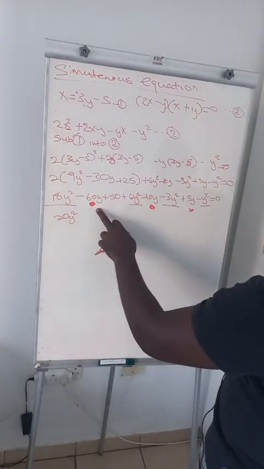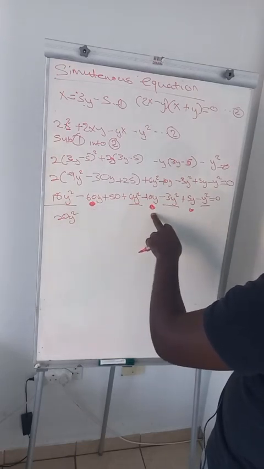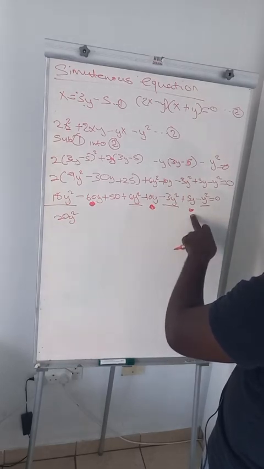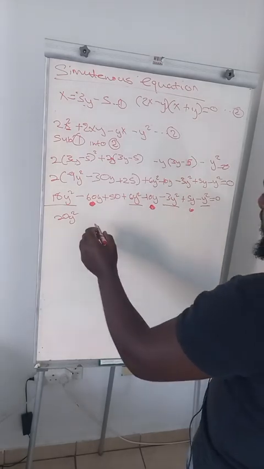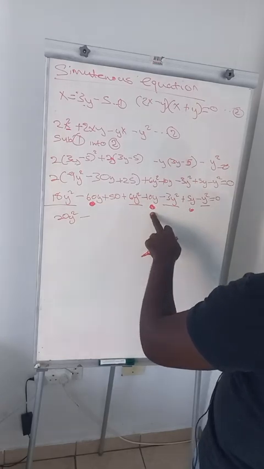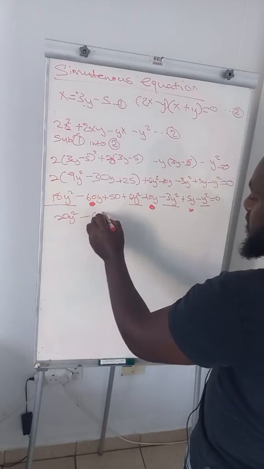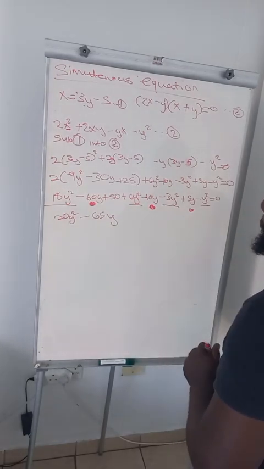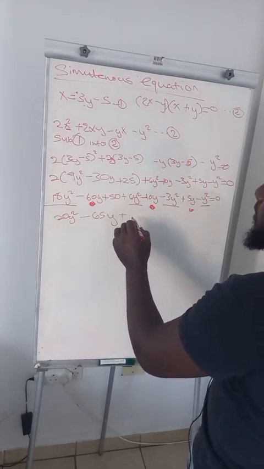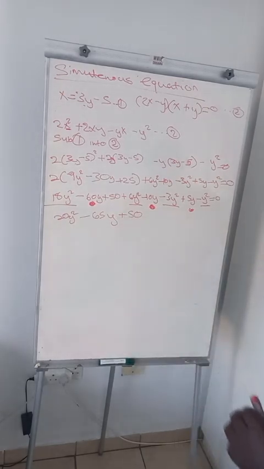So it means you say 60 minus 10, it will give you 50, then 50 plus 5... Here I'm saying that you get 65y. And then here you will still be having the plus 50. I'm still trying to check something.